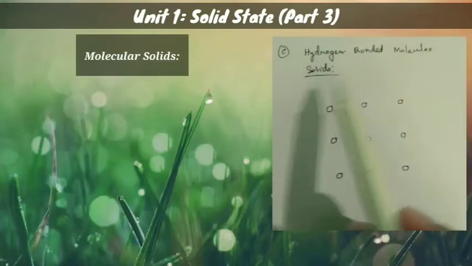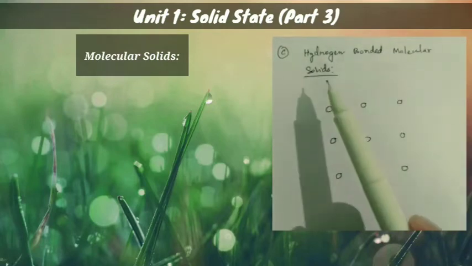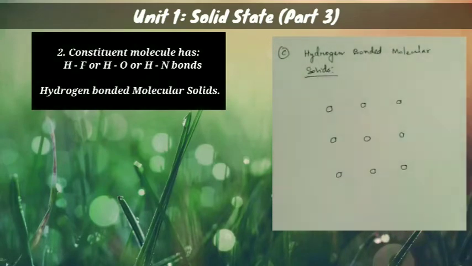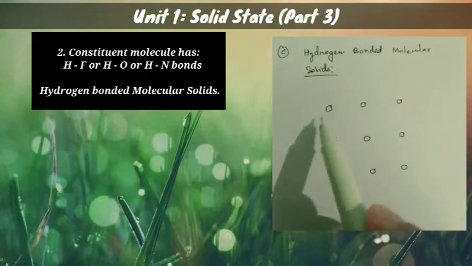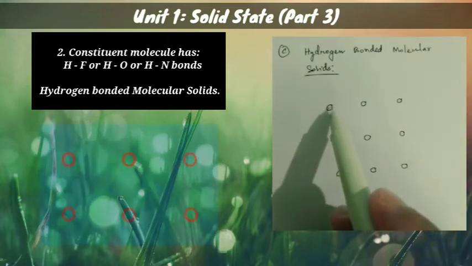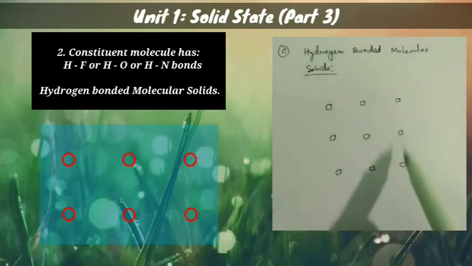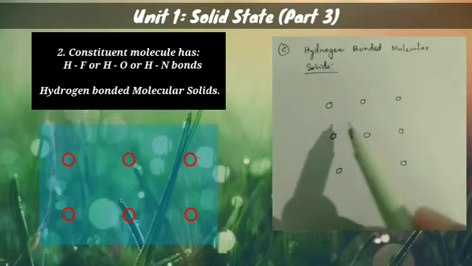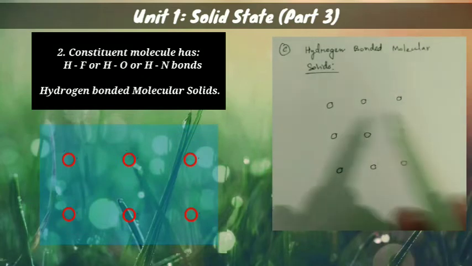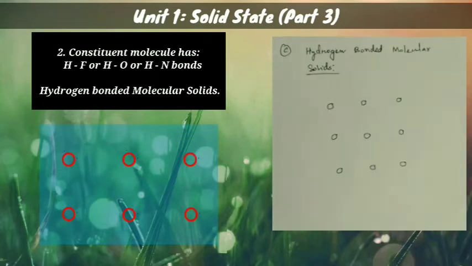The last category of molecular solids is hydrogen bonded molecular solids. Here the constituent particles are molecules. First of all, the constituent particles must exhibit an ordered arrangement, because they are crystalline in nature.